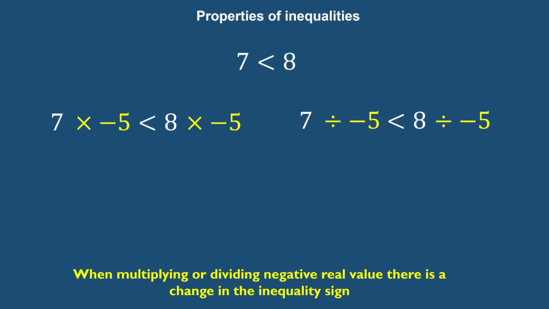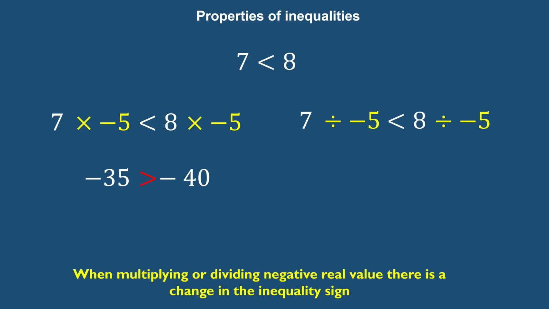Case 2, multiply or divide by a negative value. For the same example, when 7 is less than 8, if we multiply by minus 5, 7 into minus 5 will be minus 35 and 8 into minus 5 will be minus 40. Then minus 35 is greater than minus 40.